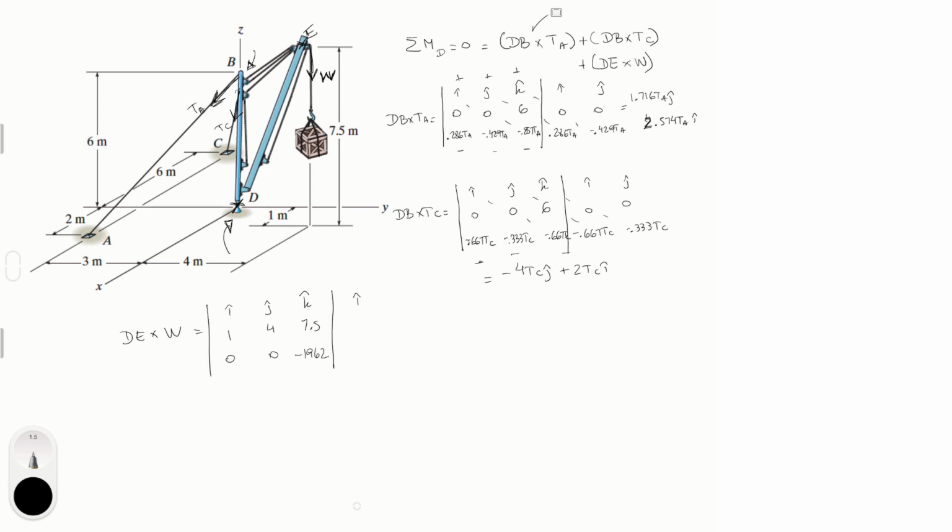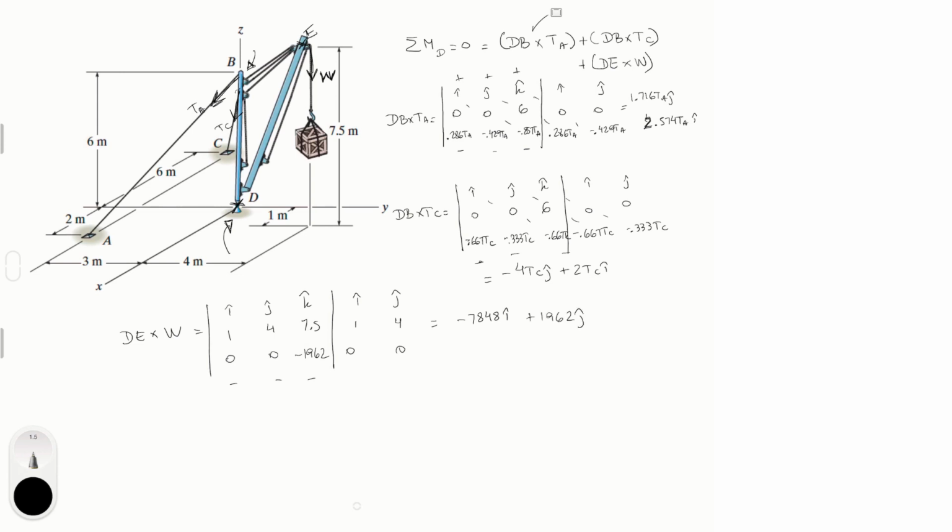So repeat the first and second columns: 1, 4, 0, 0. The first one is minus 7848 in the I, then it's 0, then it's 0. Negative diagonals are 0, 0, and then positive 1962 in the J.